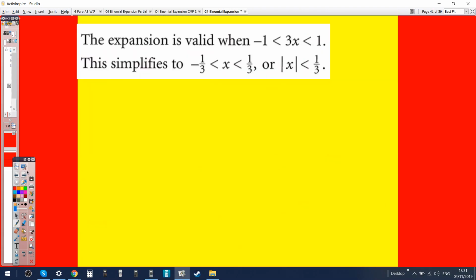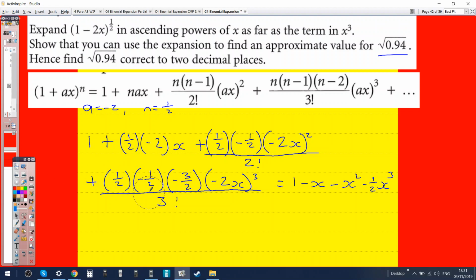So for this one, the expansion is valid when minus 1 is less than minus 2x, which is less than 1. So then it's minus half. So it's 0.5 is less than minus x, which is less than minus a half, I think.